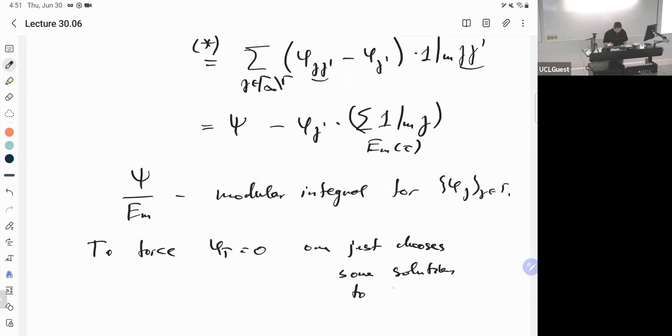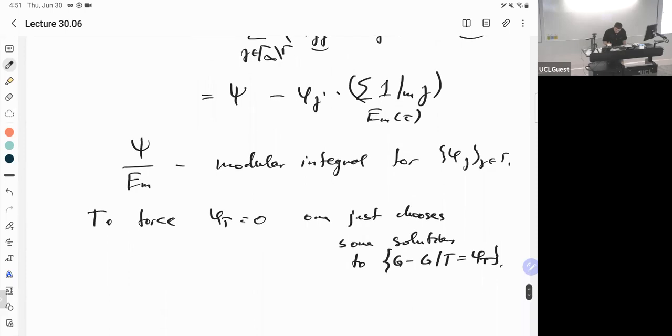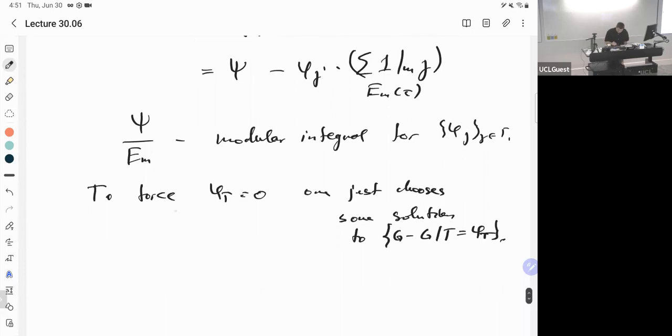Let's call this g minus g slash t is equal to phi t. So it's just some functional equation with respect to translation. You can solve it in many different ways: directly, or you can guess a solution, or you can write some infinite sum which does it. That's usually easy, and then you subtract it off from your cocycle. So that reduces to this problem.